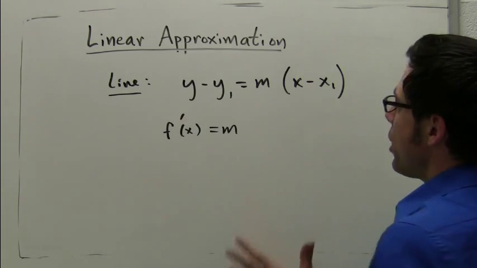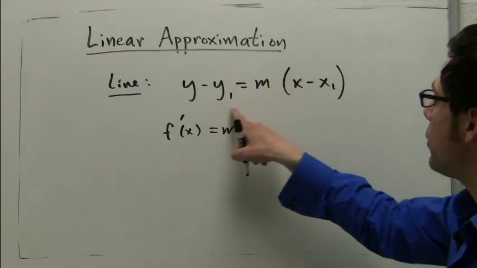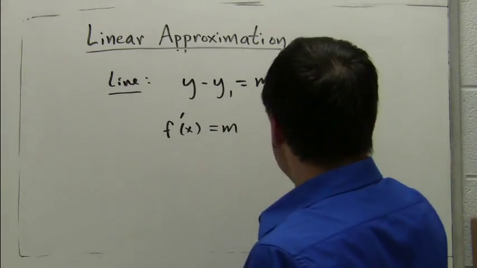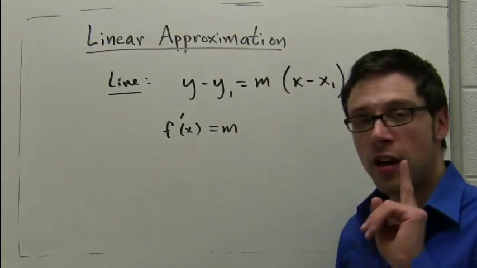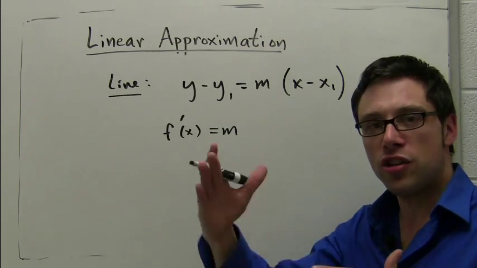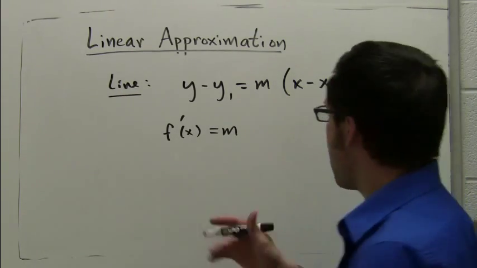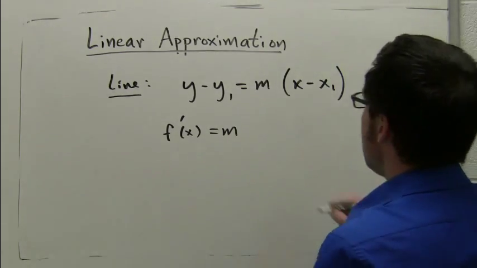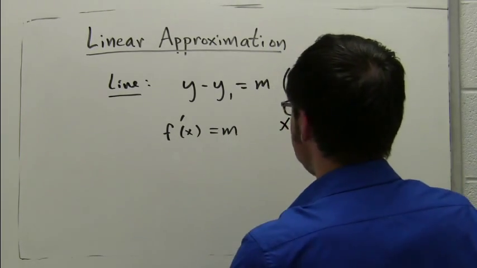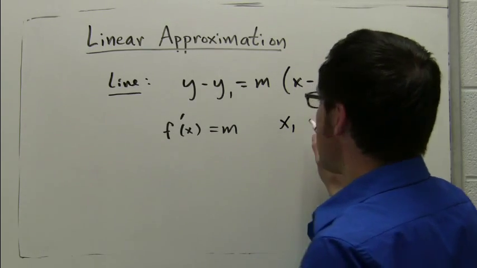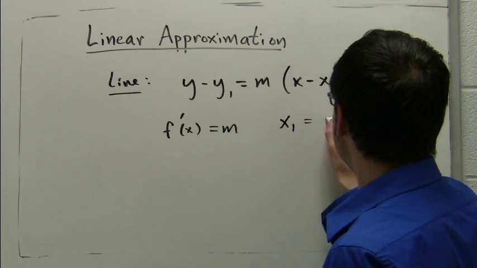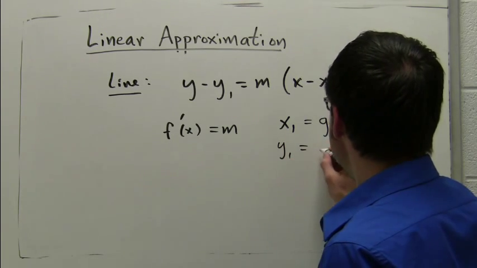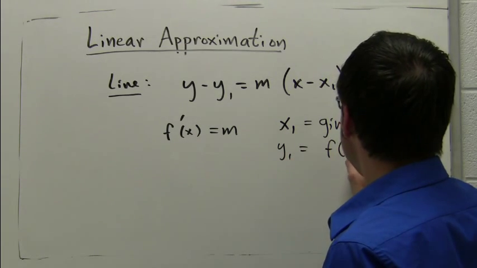And then I'm going to have some point on the line. So my x1 and my y1 is going to be my point on the line. We know, remember, that every tangent line touches the function at one point. And that point is going to be, let me write it down this way, my x1 is going to be the x1 that we're given, and my y1 is going to be f at x1.